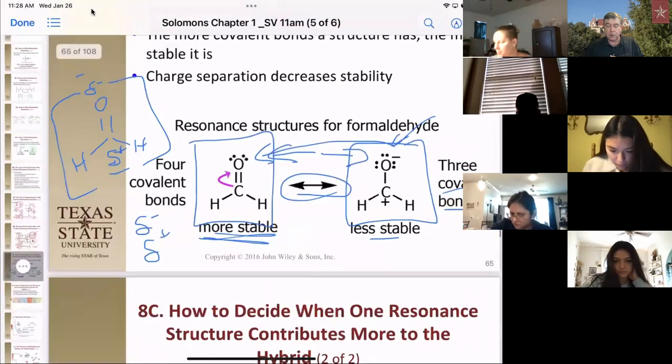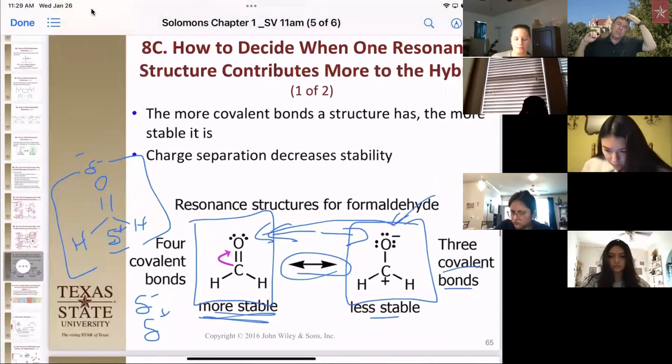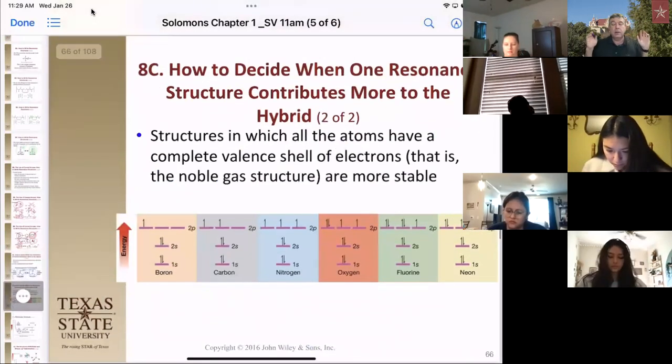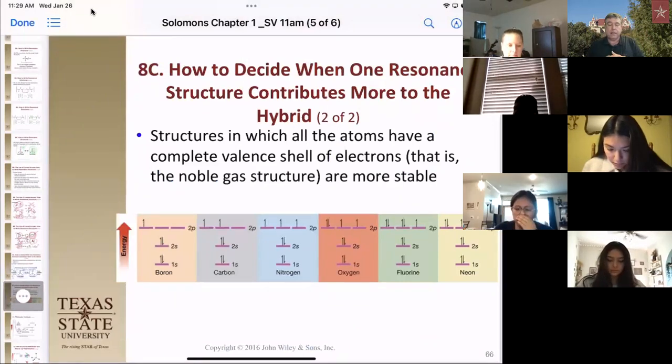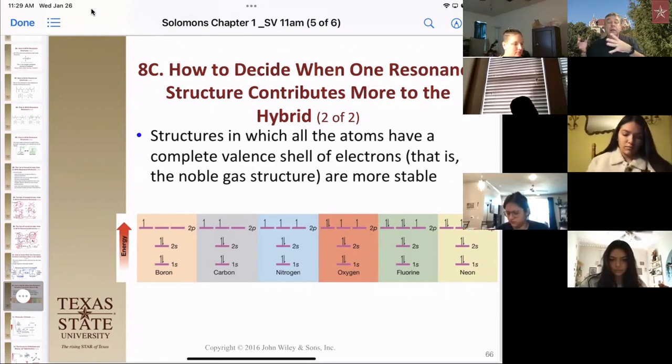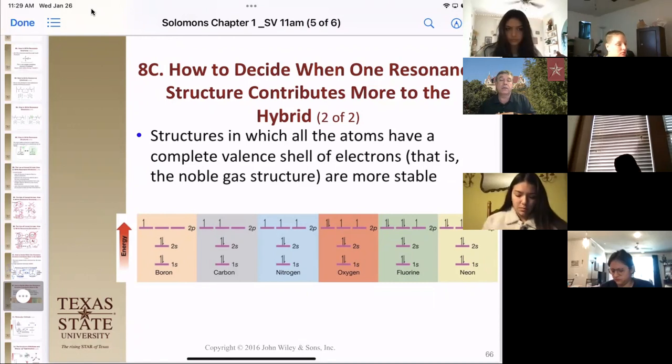Okay, so how do we decide which one's a little more stable? Well, we can look at our electron configuration to see. The more bonds that we have and the more likely we are to have our octet, the more likely it is to be more stable.